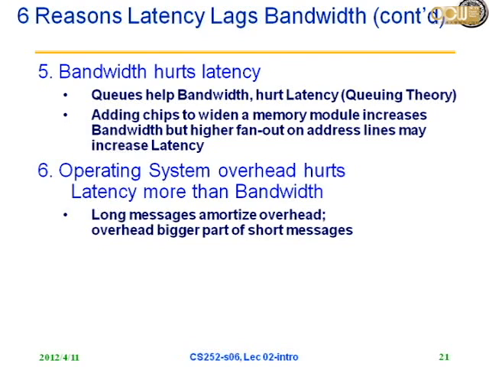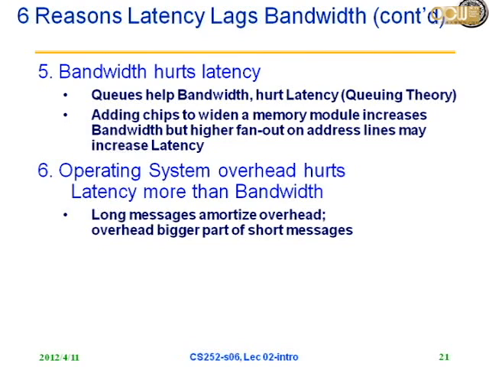Number 6, operating system overhead hurts latency more than bandwidth. With the help of the operating system, usually the computer system can do more things, helping the bandwidth. But the latency of each task may be much increased. That's another reason why the operating system will hurt latency but help bandwidth.